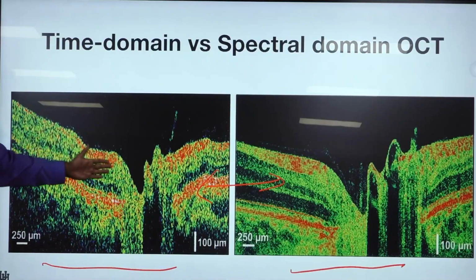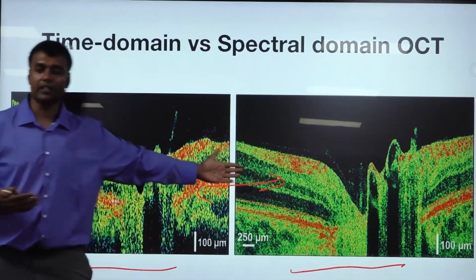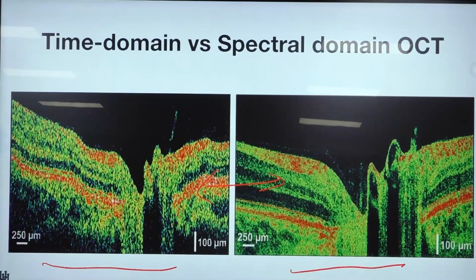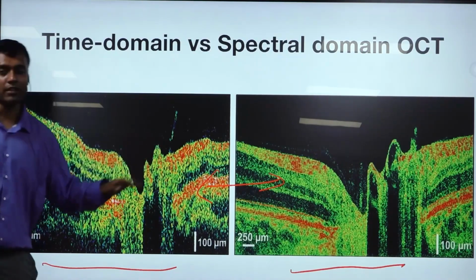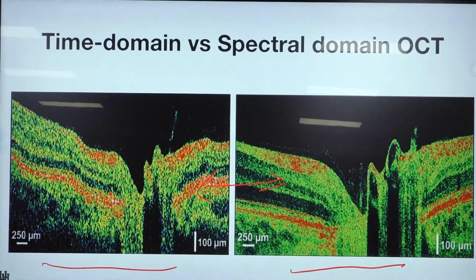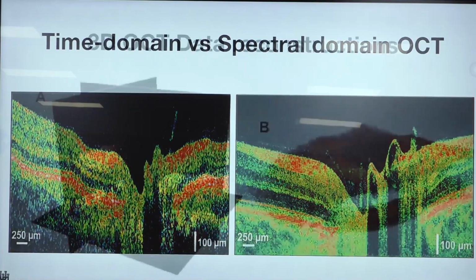Look at the quality you get here, look at the quality you get here. You can see that the right side is much better, higher quality. The spectral domain is on the right side. So you get much better data quality compared to time domain measurement. After this was discovered, people now use mostly spectral domain or swept source OCT systems. So that's the practical usefulness of this.